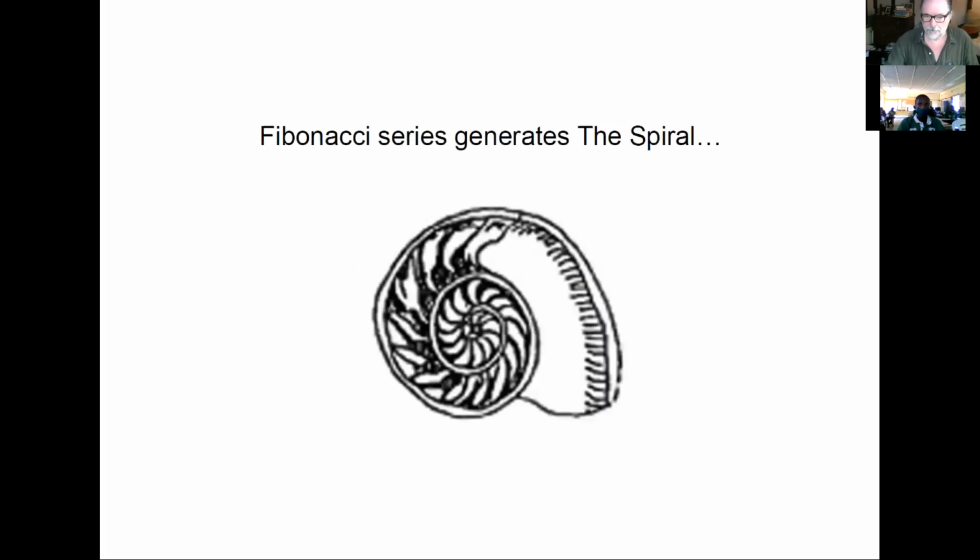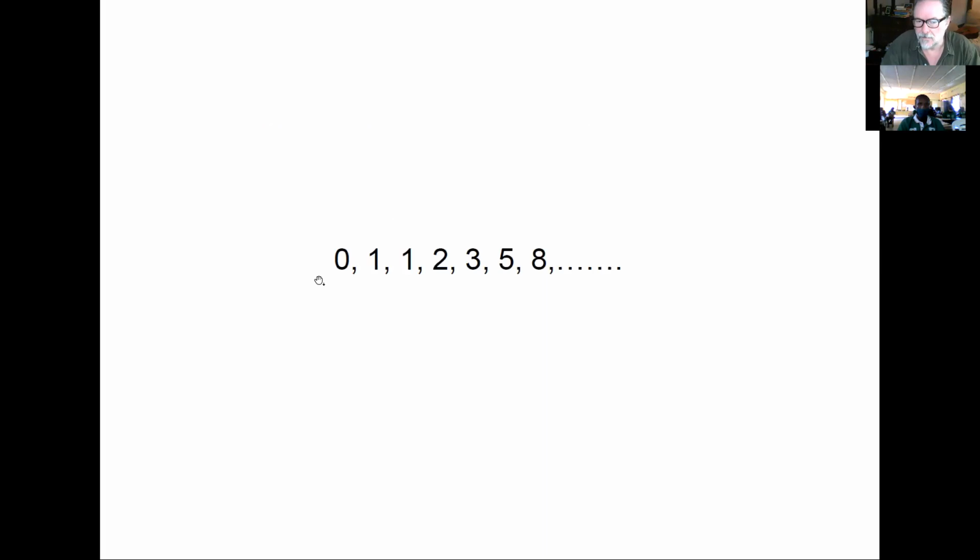Okay, so look. Here's a series of numbers. We have 0. If we add 0 and 1, we get what? 0 plus 1 is 1. 1 plus 1 is 2. 1 plus 2 is 3. 2 plus 3 is 5. 5 plus 8 is 13.